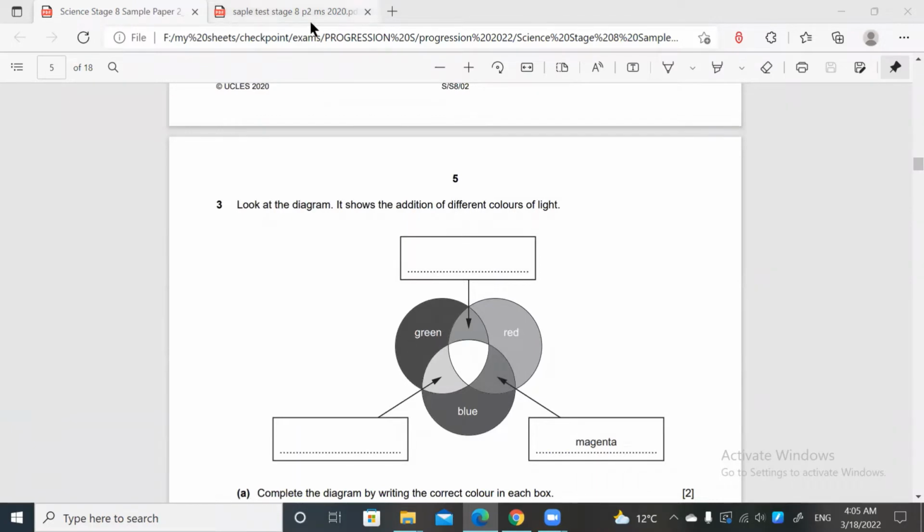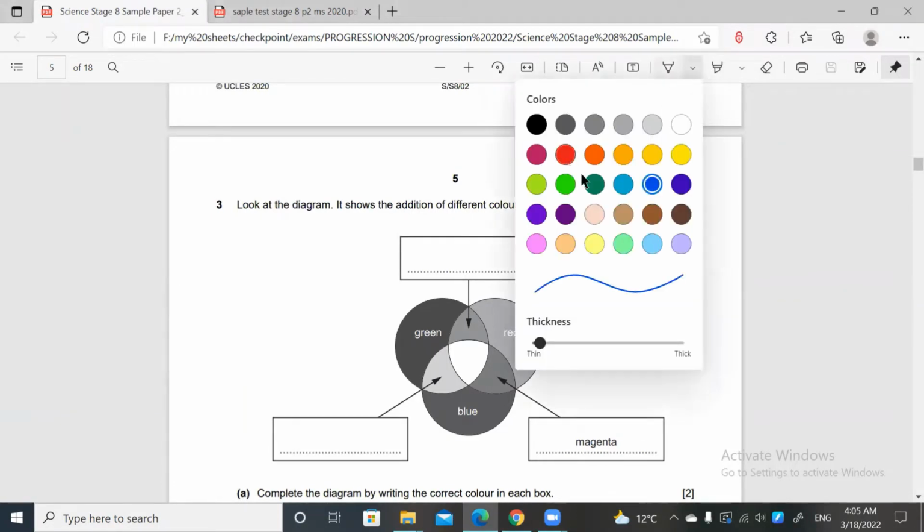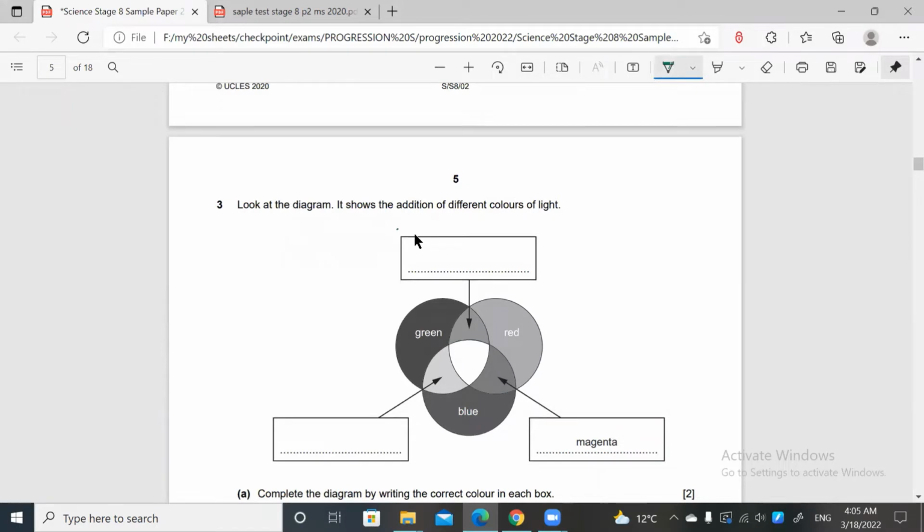Okay, look at the diagram. It shows the addition of different colors of light. Be careful, don't mix up two important things: mixing colors and color filters. When you mix two colors, it produces a new color.